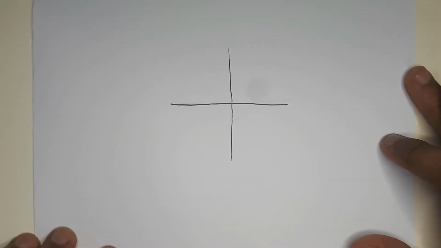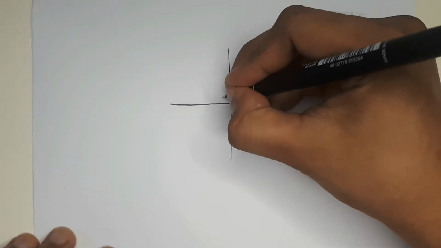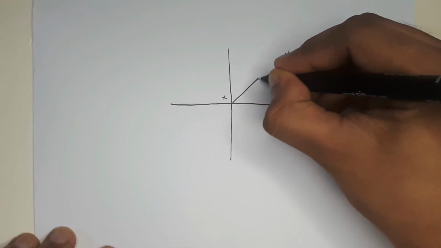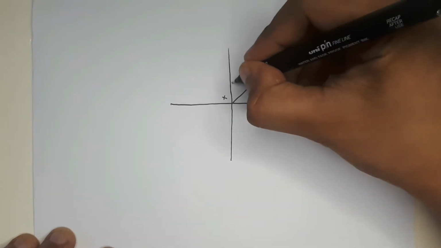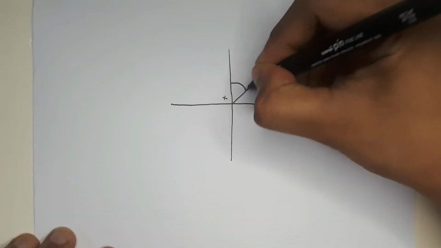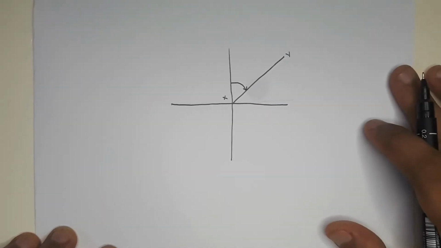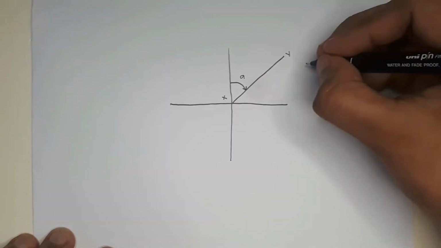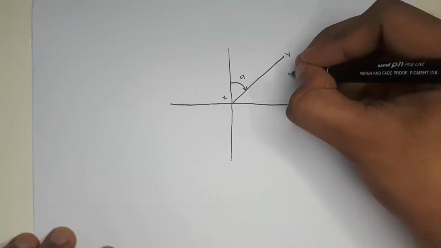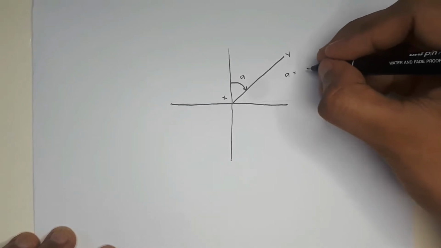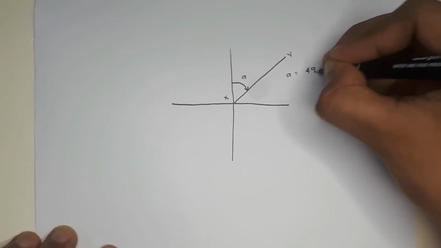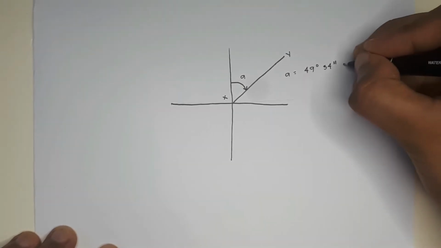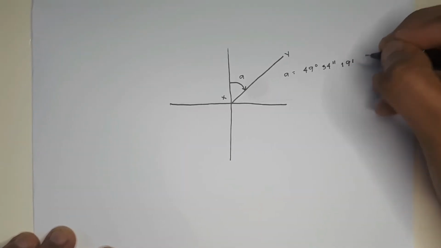We draw a line from point X to point Y. This angle here will be our bearing angle, and we will call it angle A. We will assume that angle A is 49 degrees, 34 minutes, and 19 seconds.